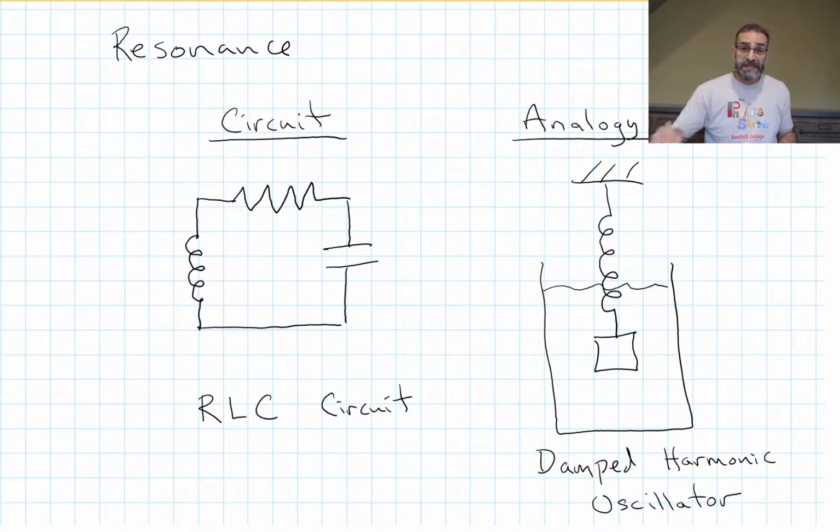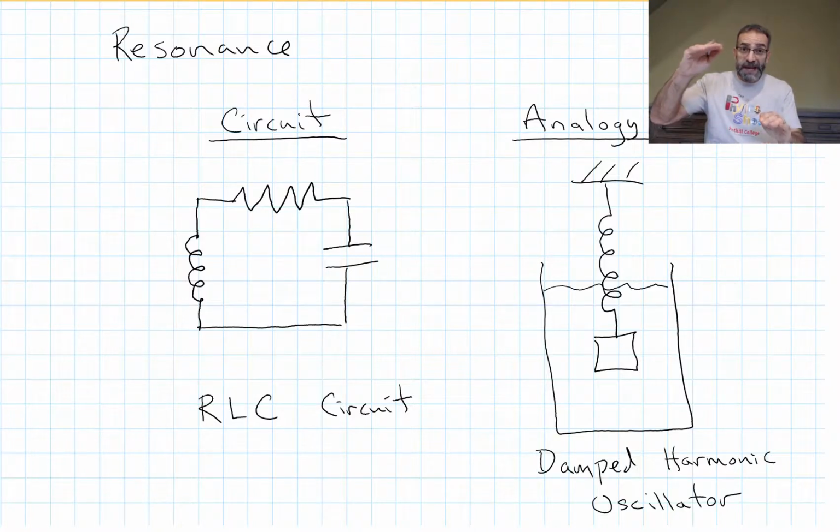Now, if we add a resistor to our LC circuit, we have an RLC circuit, and that resistor is going to dissipate a little bit of energy every time we go through a cycle. The capacitor charges up, the current stops momentarily, then it switches, the capacitor goes to zero charge, and we get all the current that hits its maximum value, and the energy is in the inductor, and then it goes back into the capacitor.